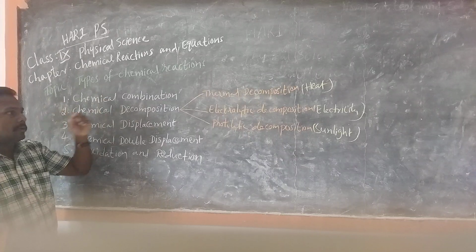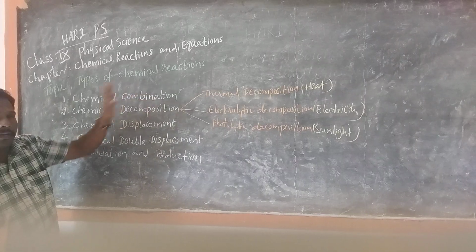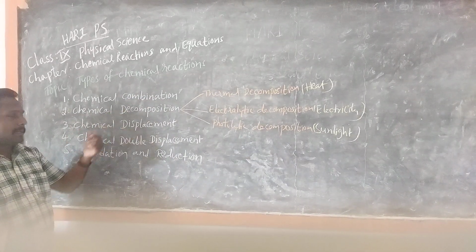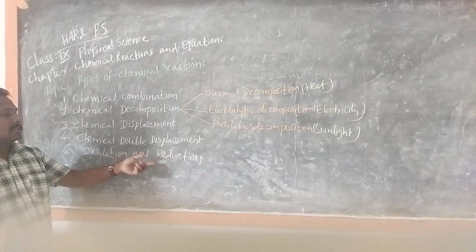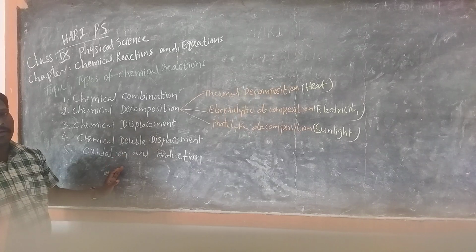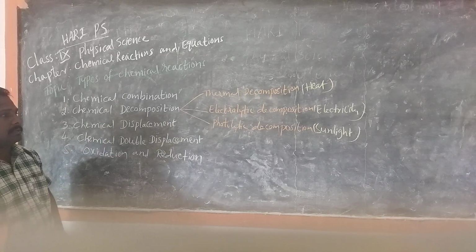You understand that combination means combining together. Then chemical decomposition, chemical displacement, chemical double displacement, oxidation and reduction. These are the 5 types of chemical reactions in our chart.